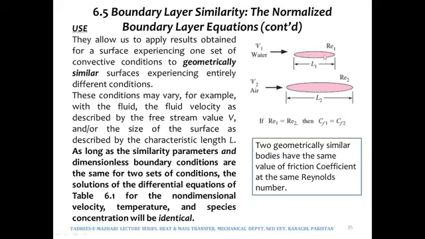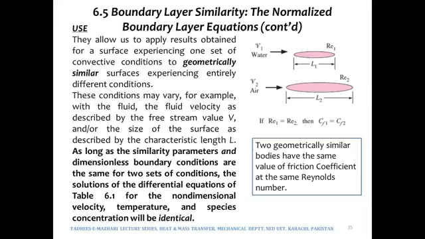And if it is such that on one the water is flowing over the surface, and in the second case the air is flowing over the surface, with of course different velocities, but the combination of the geometry and the flow is such that the Reynolds numbers are the same, then the coefficient of friction would also become the same, right?